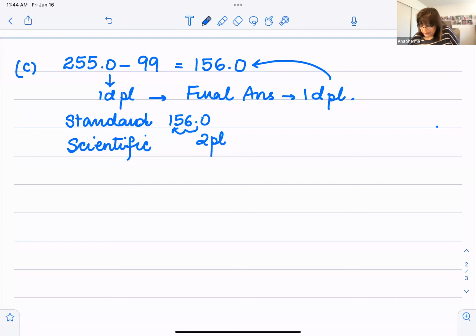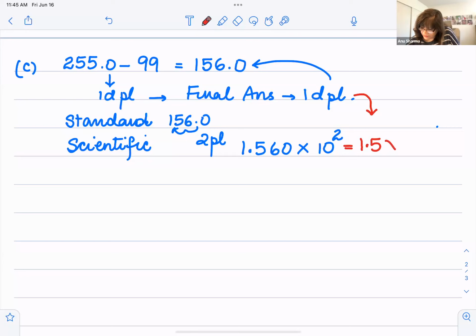So this becomes 1.56, and I'm going to just put it like that, times 10 to the power 2. You moved 2, so it becomes 10 to the power 2. But your final answer should have only 1 decimal place, right? So the final answer becomes 1.5 times 10 to the power 2. You got it? Any questions?